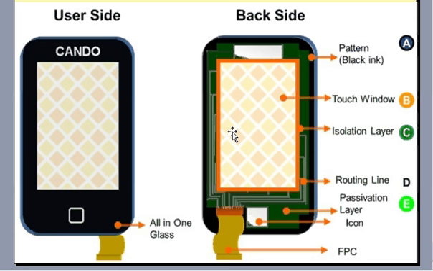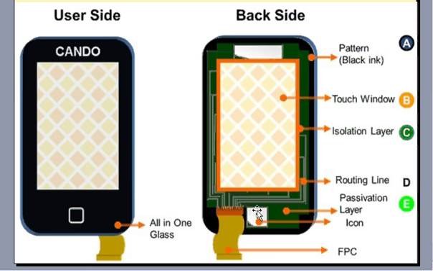If we look at the back side, we will see that of course this is a touch window, and also there is some XY layout here, all connecting to the FPC. And normally there is a touch panel controller on the FPC, but this drawing doesn't show.